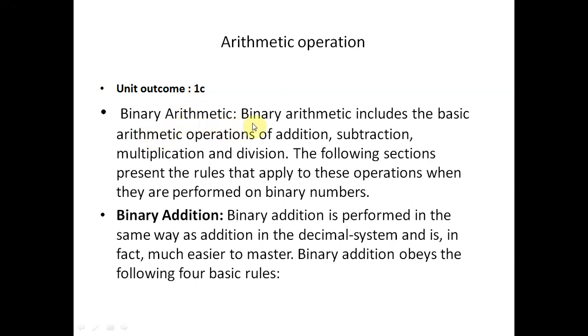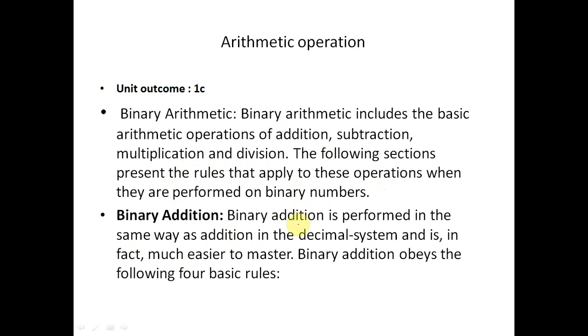Binary arithmetic includes the basic arithmetic operations of addition, subtraction, multiplication, and division. The following section presents the rules that apply to these operations when they are performed on binary numbers.